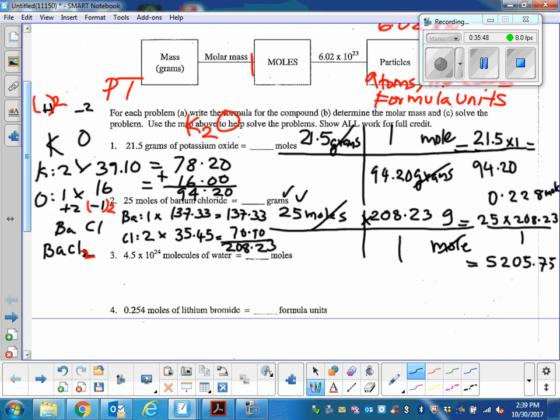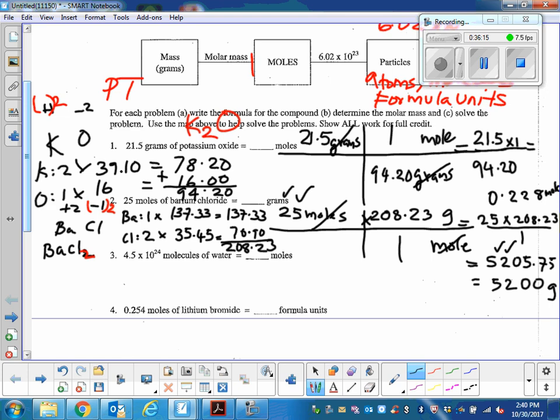How many significant figures is this? 2. So how do I round this to 2 significant figures? 52. What will I do with the other 2 which are there before the decimal? Make them zeros. What is my unit? Grams. Should it be 52.00?